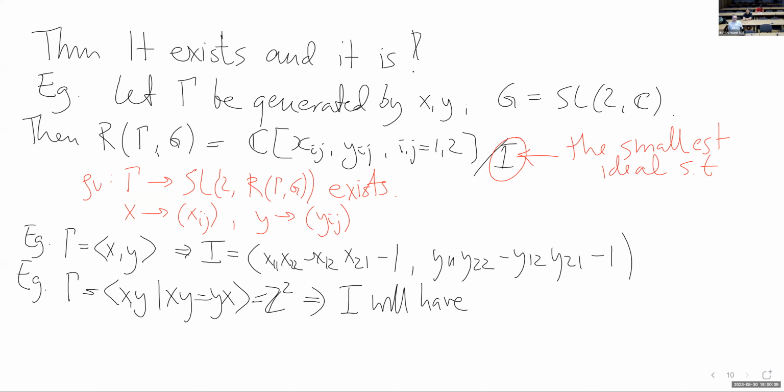You can say 4 relations, because you need to ensure that the 4 entries of the matrix XY coincide with the 4 entries of the matrix YX. Commutativity means that one entry of this matrix is the same as for this one, and the same with the other entries.